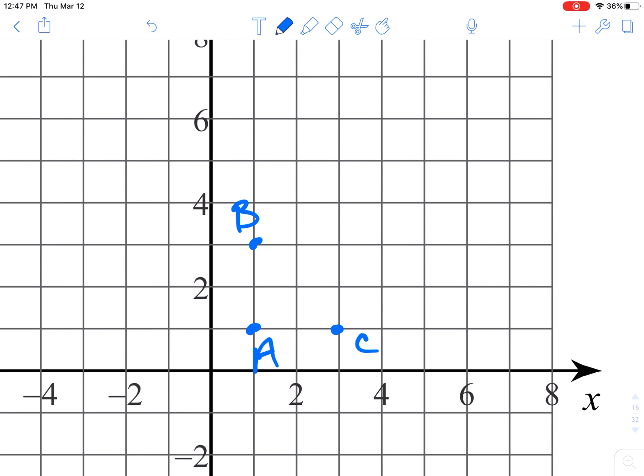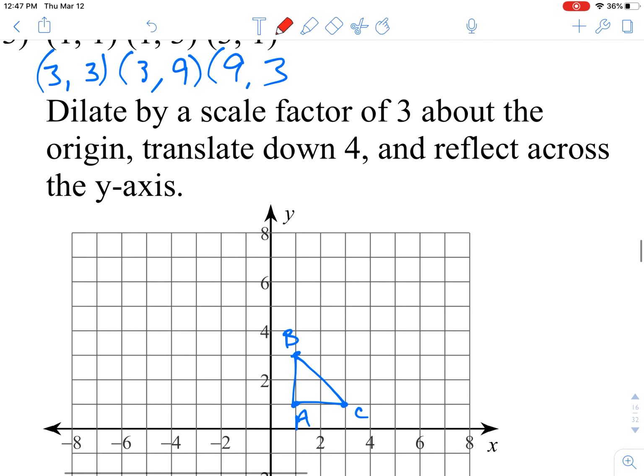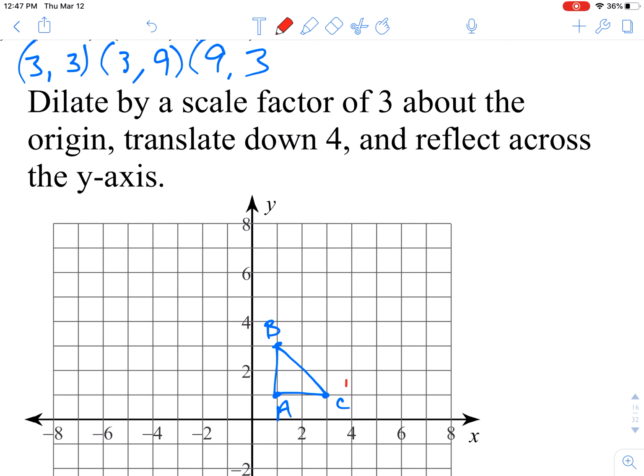So the first thing it says to do is dilate by a scale factor of 3. Which means we're going to take all of these and multiply by 3. So 3, 3, 3, 9, and 9, 3. Now I'll do it in red. So 3, 3 is right here. We're going to label that as A prime.